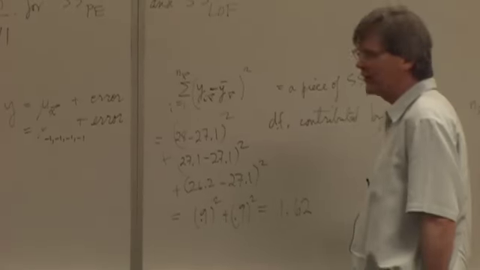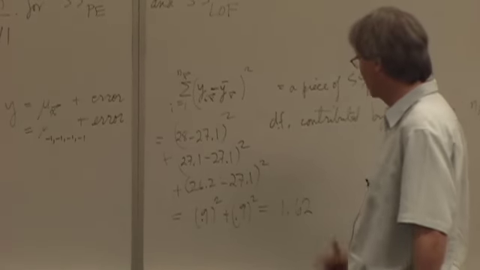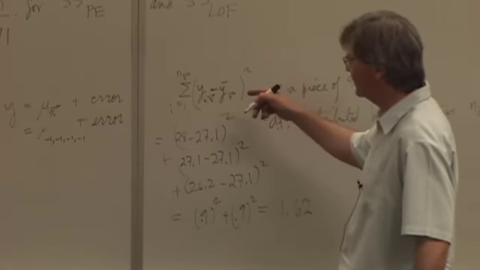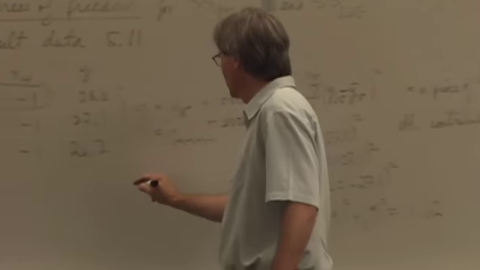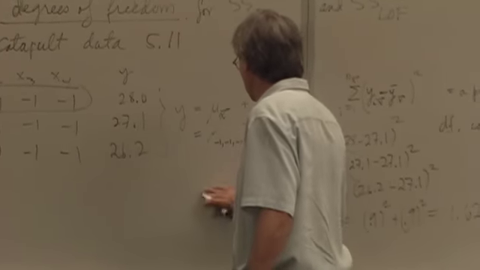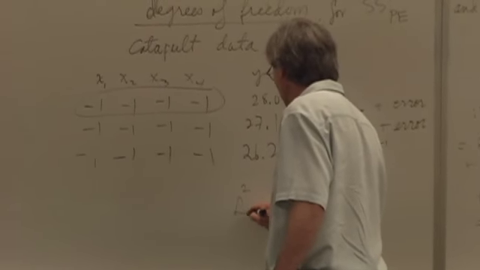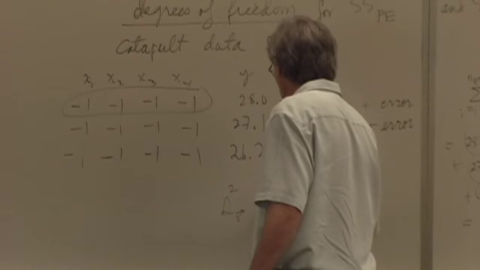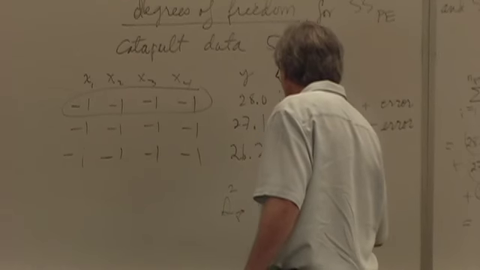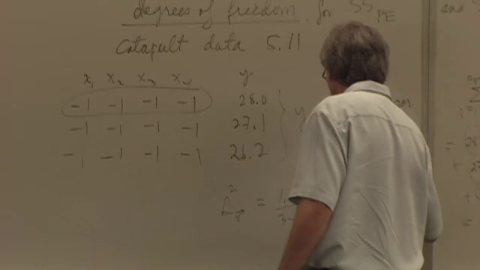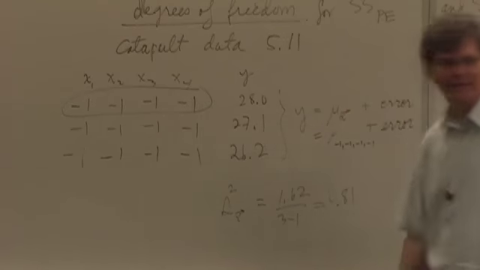Now the actual variance, if you remember, was not 1.62. The actual variance estimate, the S squared for this x, was equal to 1.62 divided by 3 minus 1 equals 0.81. That was the estimate of the variance.